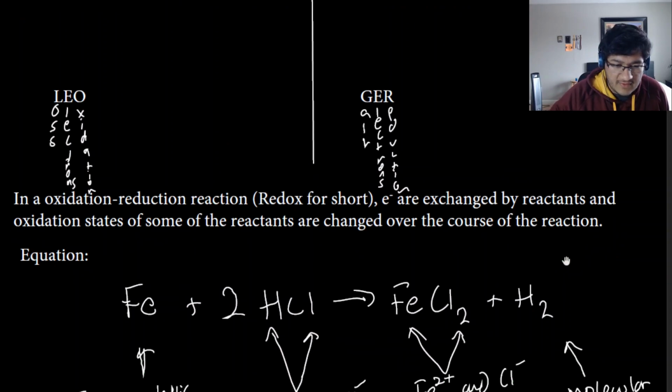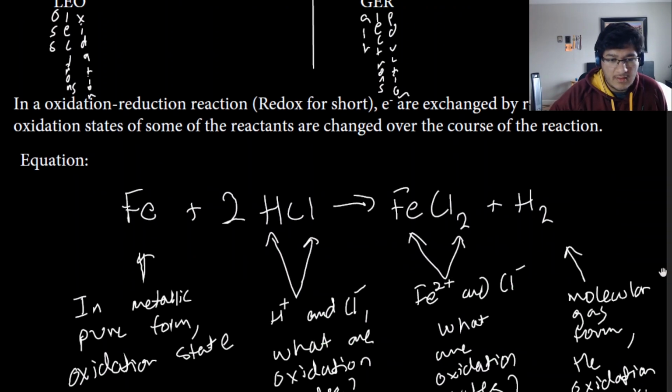So for example, let's go through this equation. This is a redox reaction, and obviously right now you may not recognize that, but we can fill out some of these oxidation states, which was one of the topics for the previous video. In metallic pure form, the oxidation state for just iron is 0.